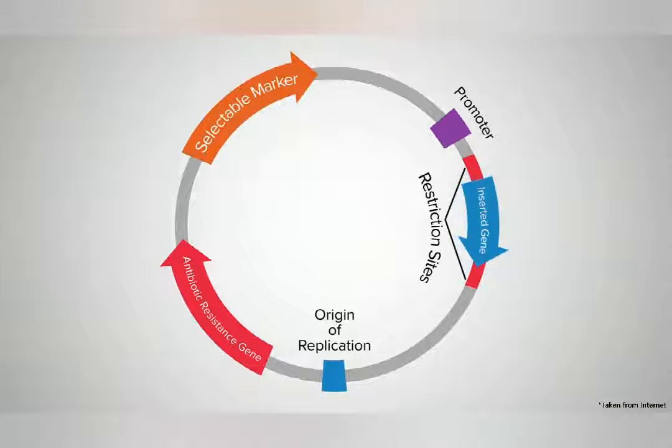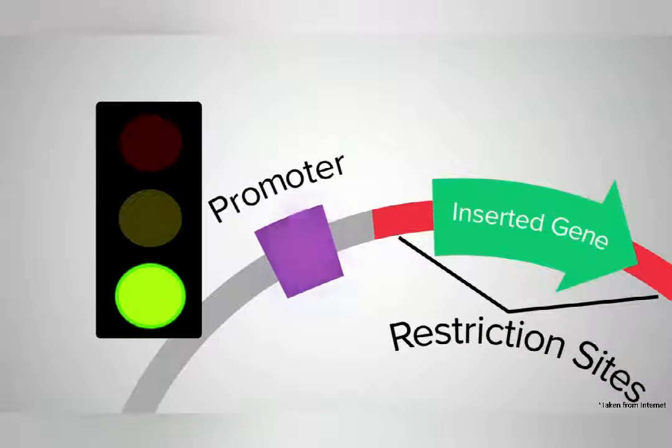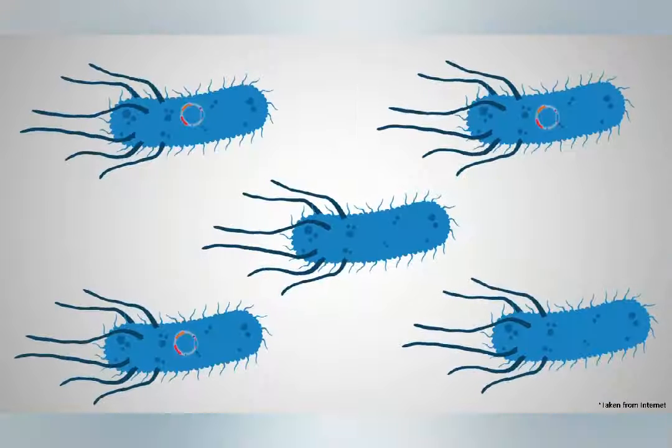Many plasmids are designed so that scientists can insert genes that they want to be expressed in organisms. The promoter site, which is upstream of the inserted gene on the plasmid, acts as a green light that allows gene transcription. The plasmid used for today's lab is the PUC19 plasmid, which contains the AMP gene and the LAC-Z gene.